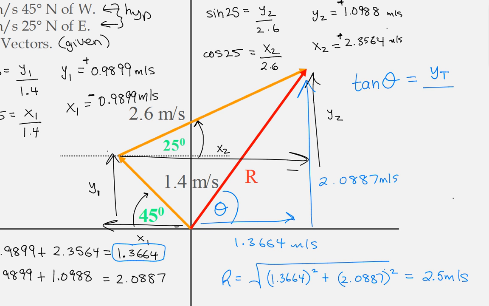Opposite. And what's the adjacent? X total. So theta will be the inverse tangent of those two, the y total and the x total. So that's 2.0887 divided by 1.3664. To two significant digits, what are we looking at?